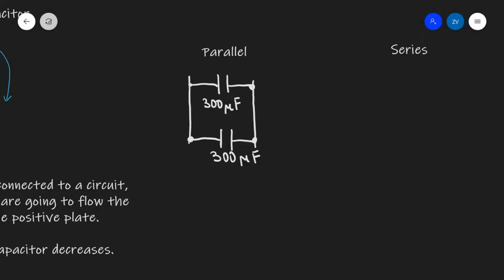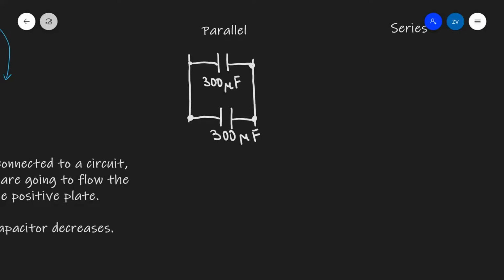We're going to start off with adding capacitors in parallel first. Here we have two capacitors of 300 microfarads which have been connected in parallel. You can see the junctions over here. In parallel, the total capacitance, I'm going to call that C total, is equal to just the algebraic sum of the two numbers, so C1 plus C2.